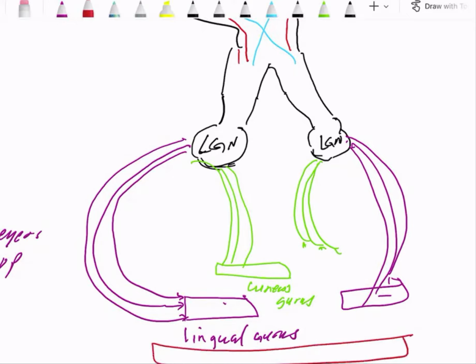The primary visual area, which is Brodmann area 17 in the occipital lobe, will receive these radiations.